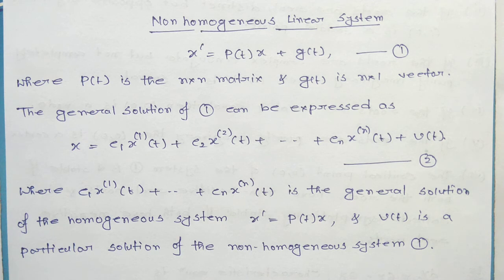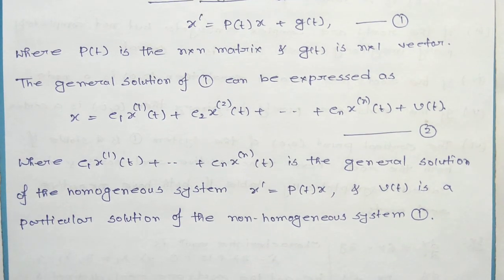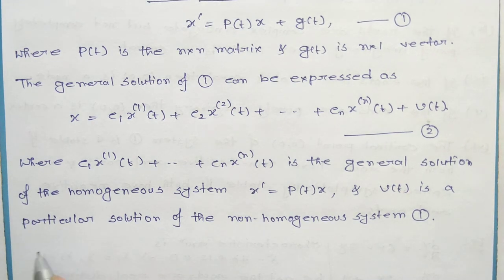Now there are several ways to find our particular solution. Mainly we discuss here the diagonalization process, how we can use a diagonal matrix. This is our matrix P(t). We will turn this matrix into a diagonal matrix, and from there we try to find this v(t). So we use the process of diagonalization.